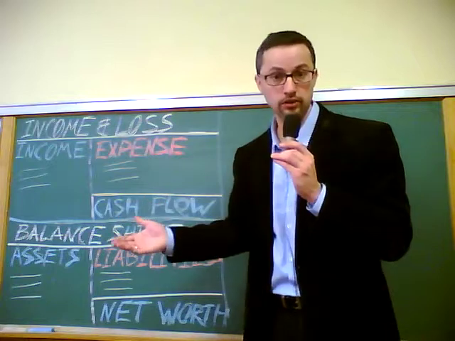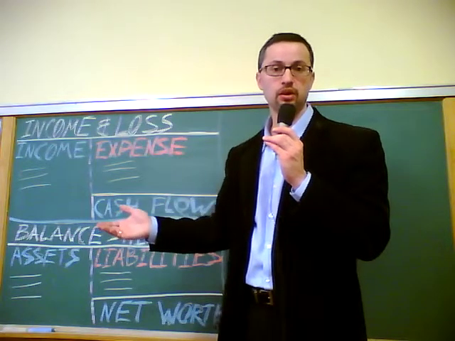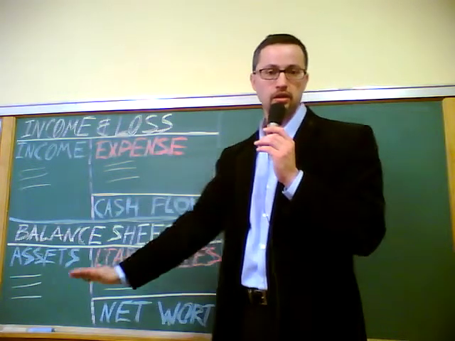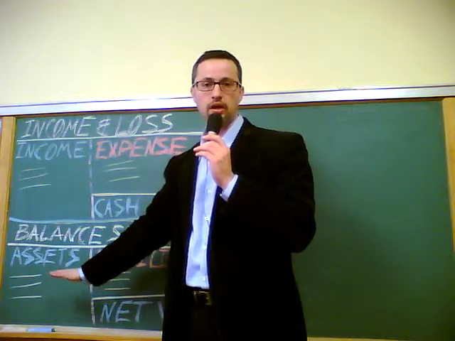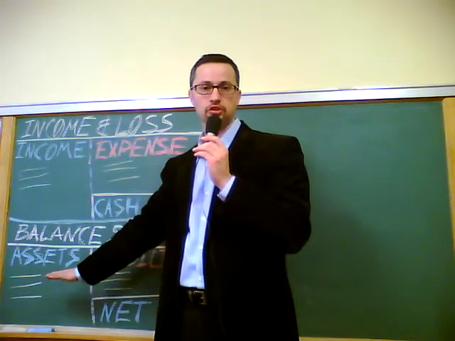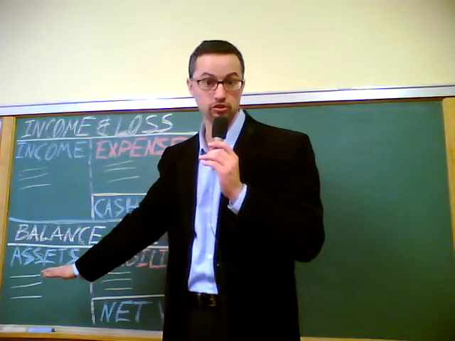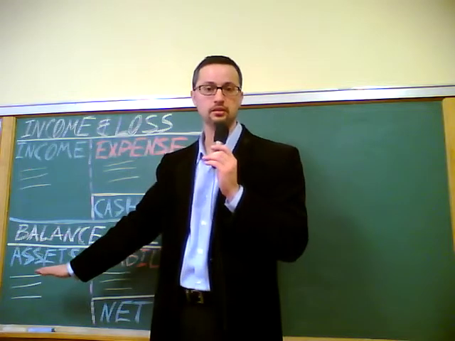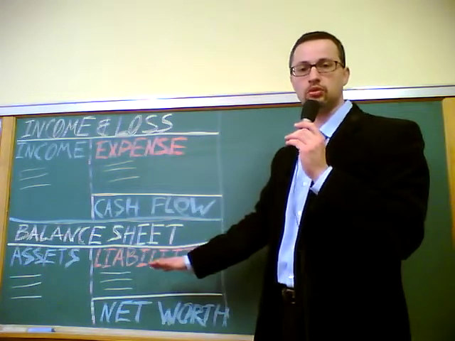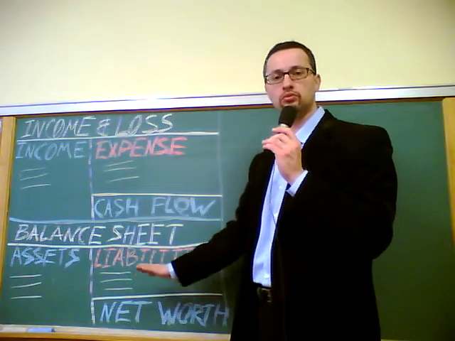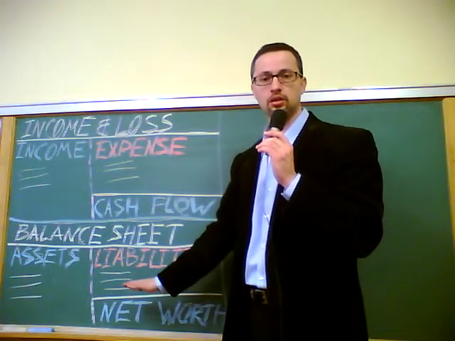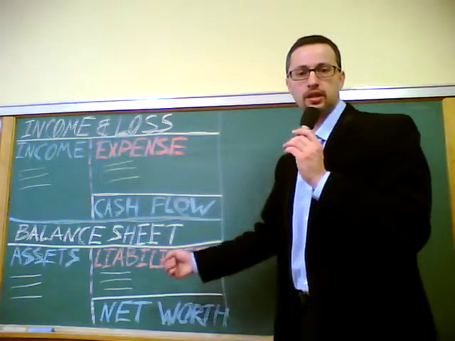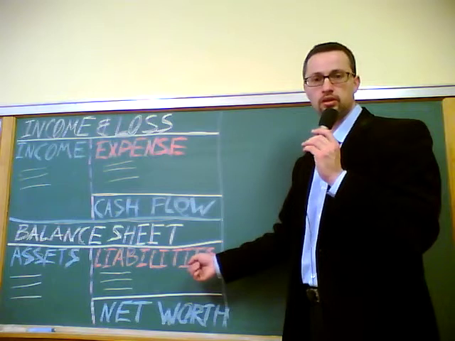However, the car has value. So if you talk to your CPA, the CPA would put the car into the asset column of your balance sheet because it has value and because you own it. That's the definition of an asset. The CPA would also put the remaining balance on that loan into the liabilities column.